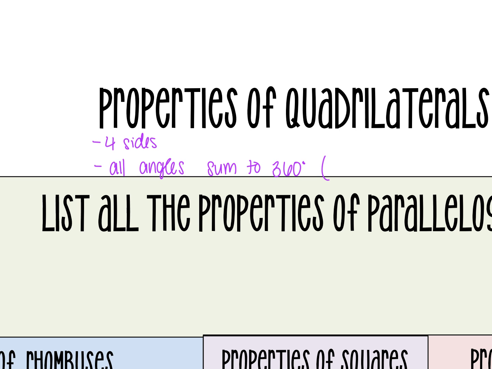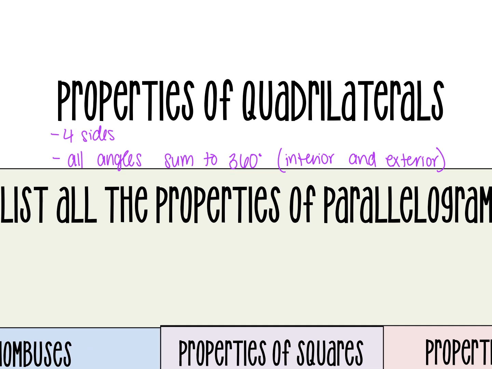All your angles added together equal 360, and that's for both interior and exterior. So please make sure you know what makes up a quadrilateral.